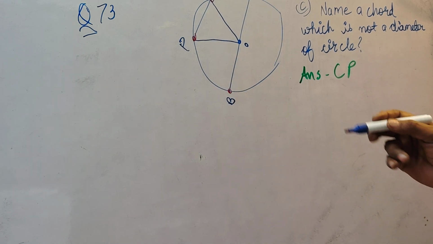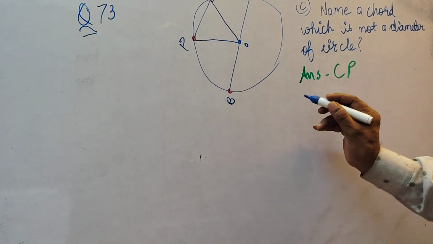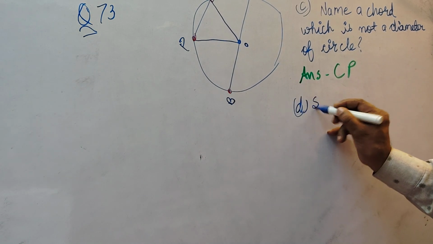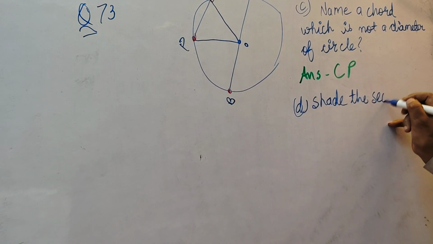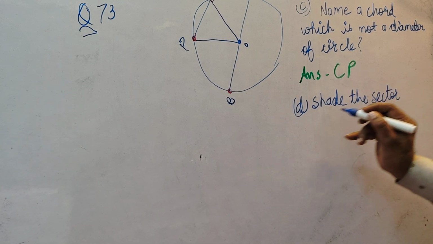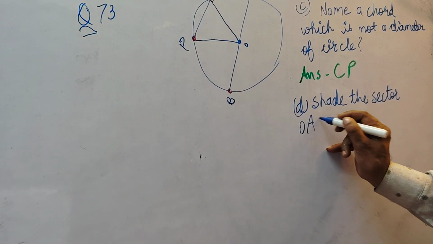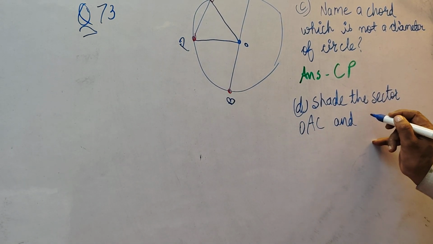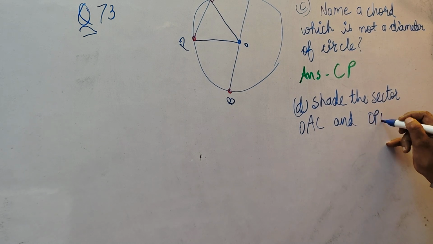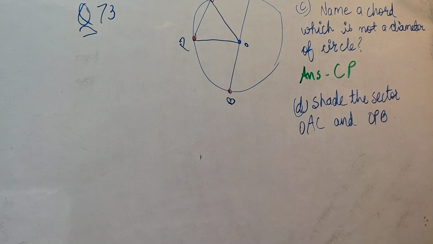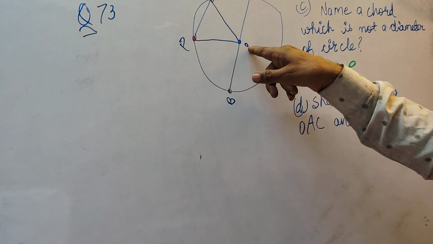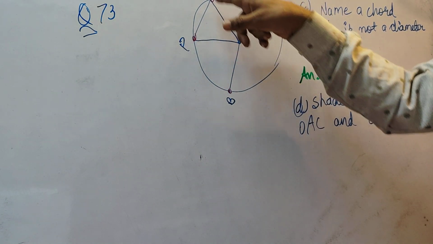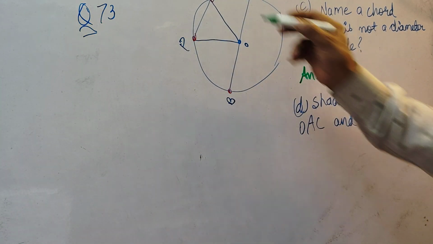Next is part D: shade sectors OAC and OPB. In this circle, OAC is a sector. The triangular part is called the sector.